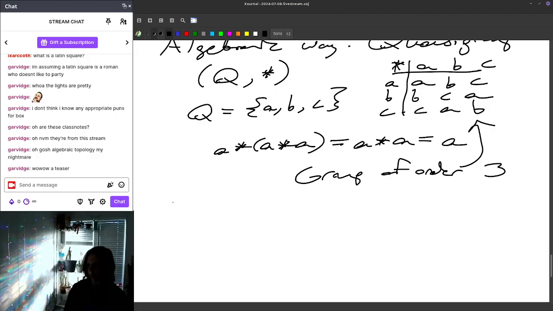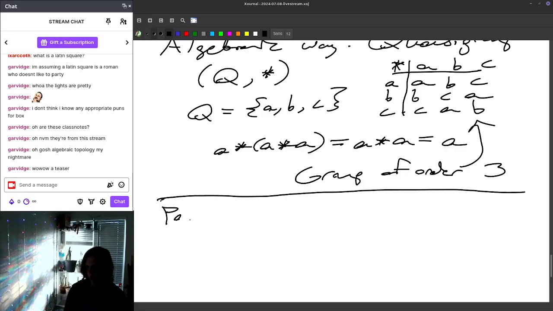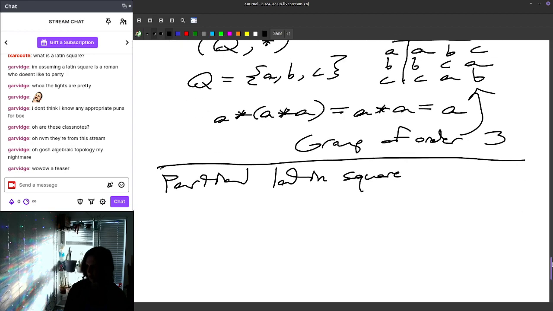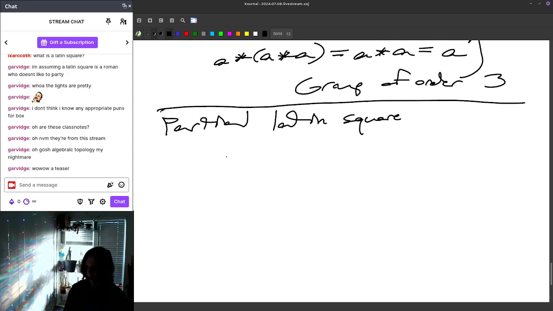So the thing about partial Latin squares is that a partial Latin square is very similar, but instead it's a table, maybe something like this.